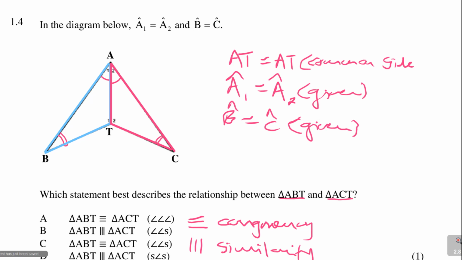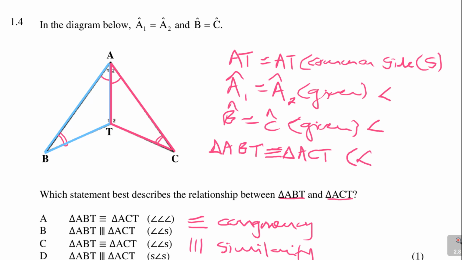So what can you say? Therefore triangle ABT is not similar but is congruent to triangle ACT. But what is the reason? Look at it. We have got a side, we call it S, and an angle, and an angle.